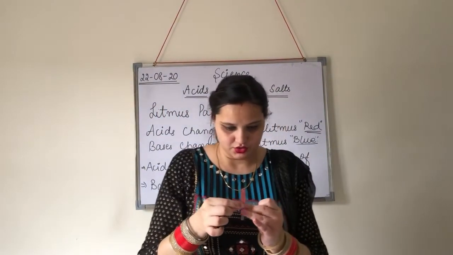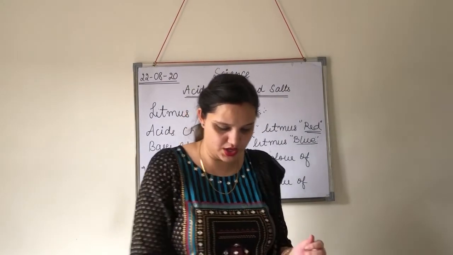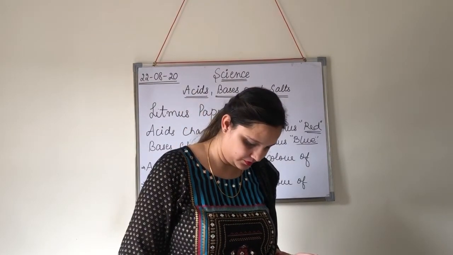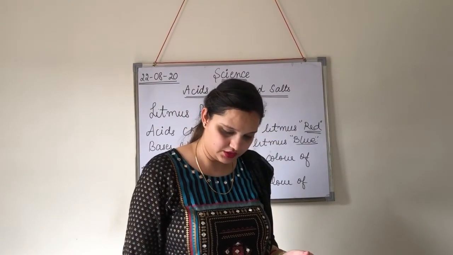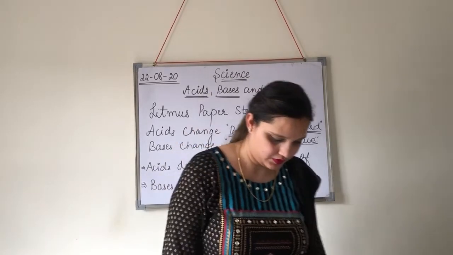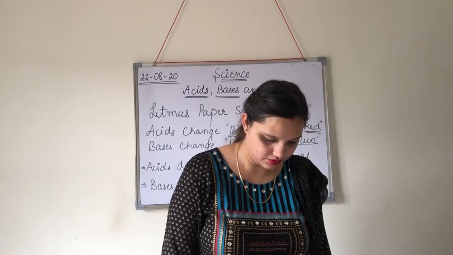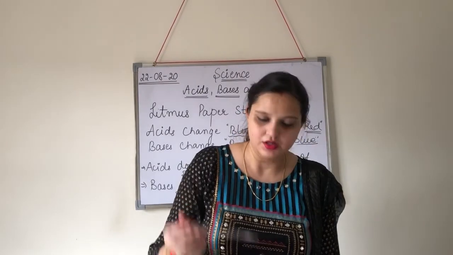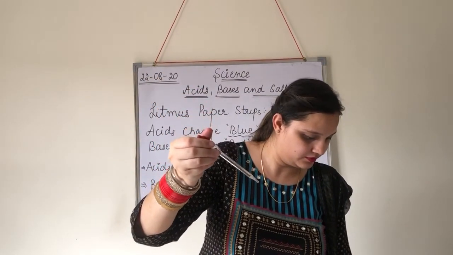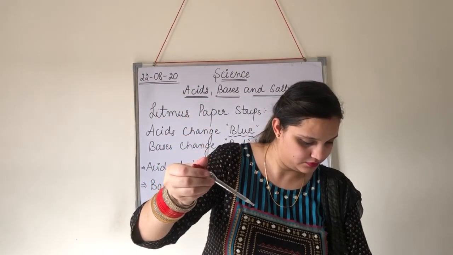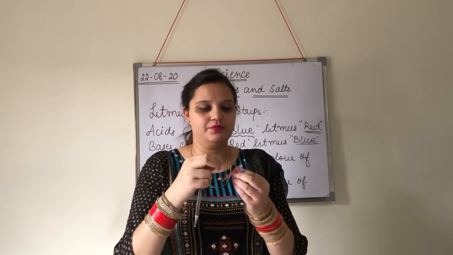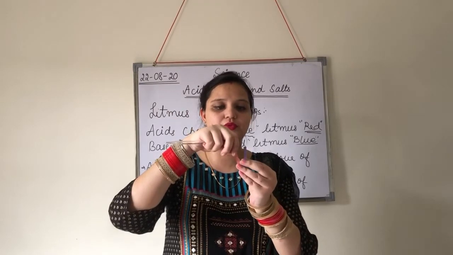Okay, so testing for the next one now. So let us check it. Again I have a solution, and here the paper strips are. This is red and this is blue.